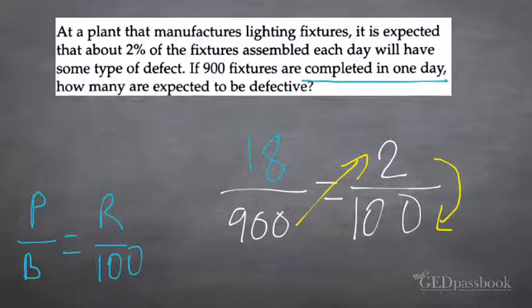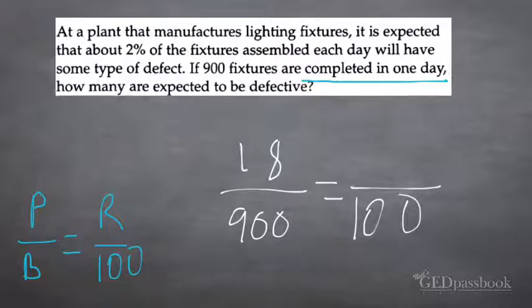Please keep in mind, let's say they gave us an example like this in which they gave us the part, they gave us the base, and the question was, what percent of fixtures came out defective, right? I've realized that when you are given the part, and instead they want you to find the rate, they want you to find the percent, those are the ones that trip students up all the time.